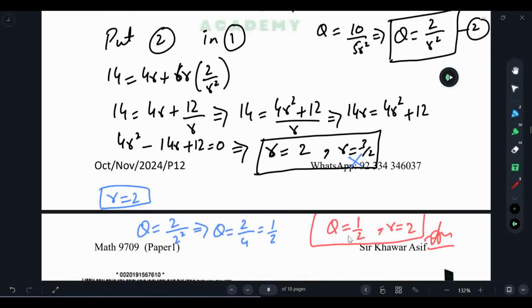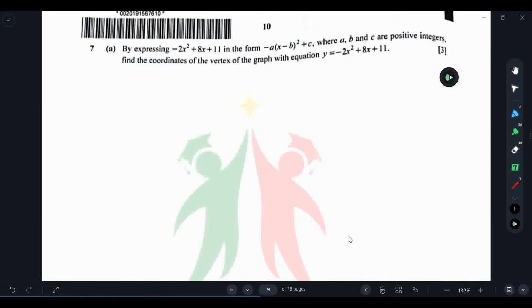Okay, let's move to question number 7. Now in question number 7, we have to express this in the given form, where a and b are positive integers. So minus 2x² plus 8x plus 11 is equal to minus a into (x minus b) whole squared plus c. Now we have to find the coordinates of the vertex of the graph with this equation.